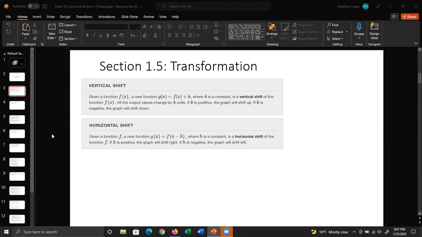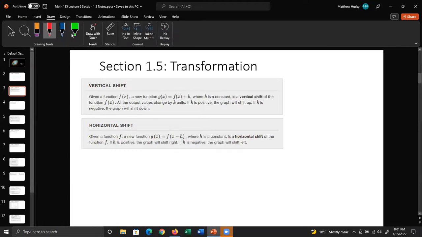So for example, a vertical shift comes from adding a value k on the end of the formula here. And so the value of k is going to end up describing how far up or down you move the graph. So for instance, we'll talk about a parent function here.